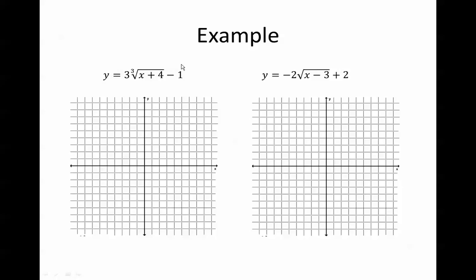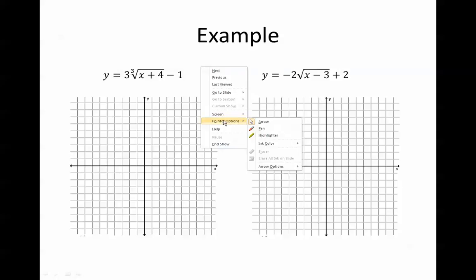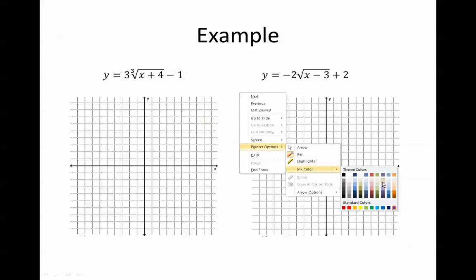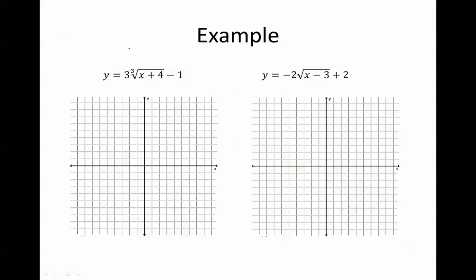Notice this first one is a cube root graph. The cube root graph is going to be that one that goes up and to the right and down and to the left. Now, I notice that my a value is 3. My h value is -4 because it's opposite.